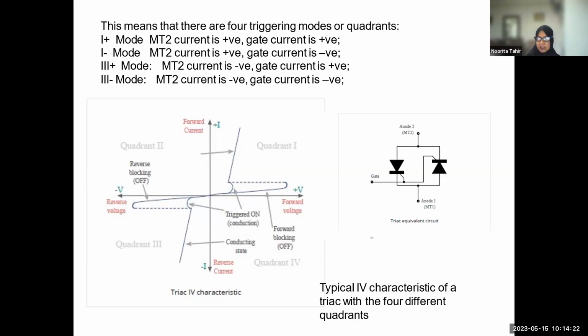So the greatest value is when MT2 and the gate are both in the same polarity, either both positive or both negative. Okay, if the gate and MT2 currents are of the opposite, maknanya jika salah satu positif ataupun negatif seperti dekat sini, positif negatif, MT2 current positif, gate current negatif, ataupun MT2 current negatif, gate current positif, what happened actually?